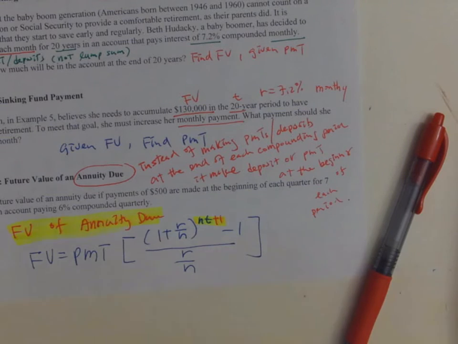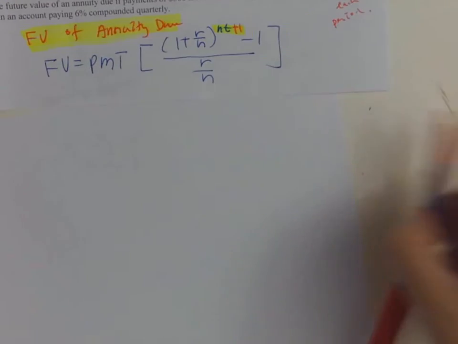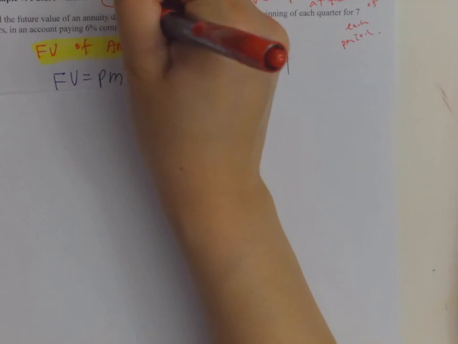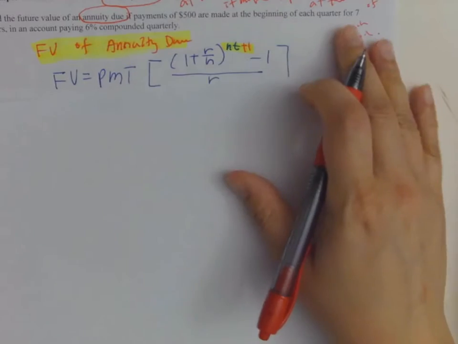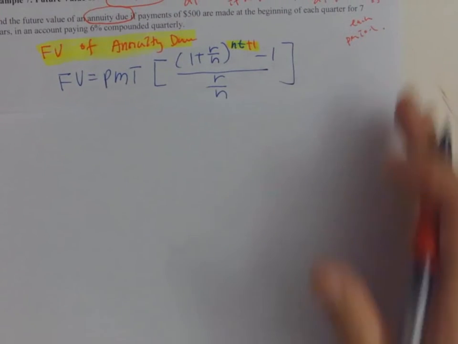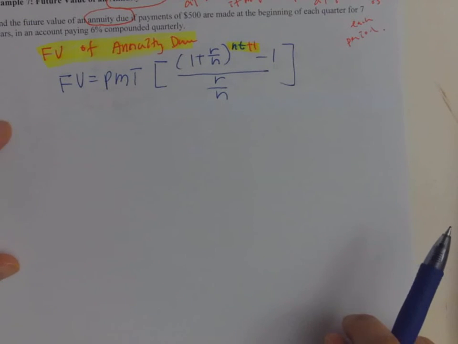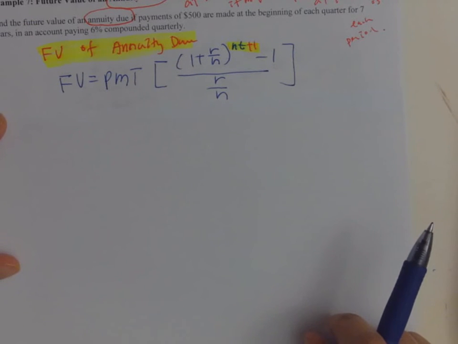But let's look at number 7, which is the last question for this section. This one says, find the future value of an annuity due. So annuity due means they will compound 1 extra time. The payment is $500 made at the beginning of each quarter for 7 years in an account paying 6% compounded quarterly.